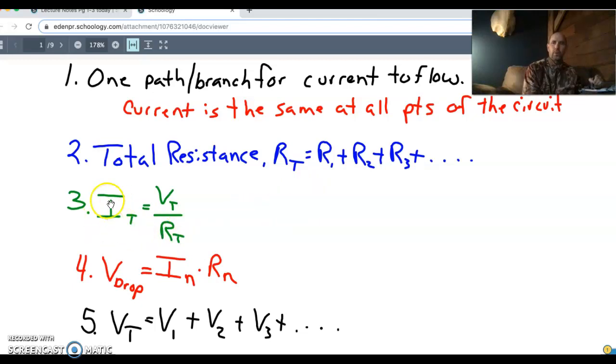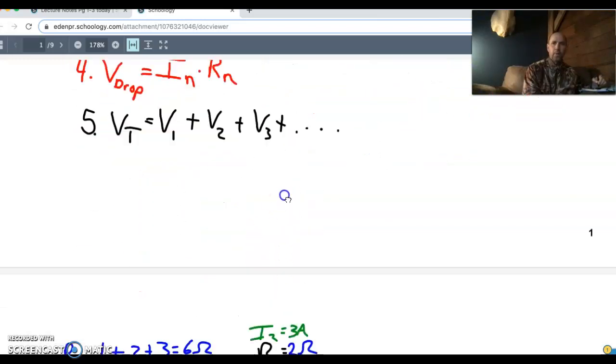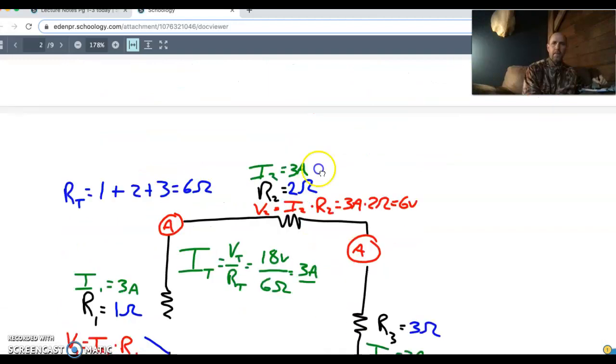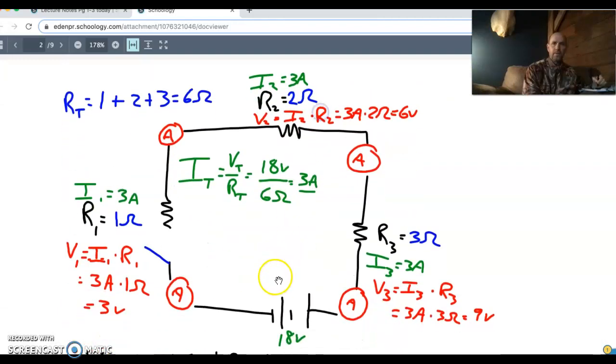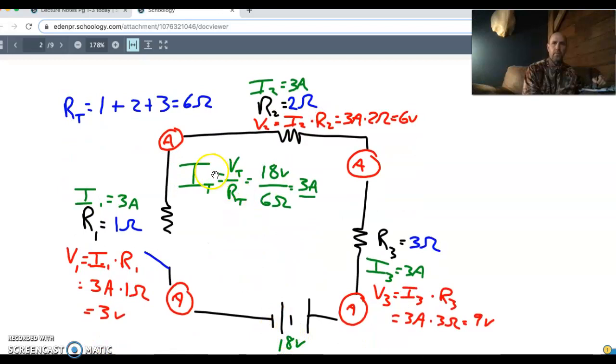The total current, characteristic number 3, is Ohm's law. You hopefully recognize that: VT over RT, where the T stands for total. So we just apply Ohm's law. We know everything now because we just found the resistance, and the voltage was given in the problem. In green here, we have 18 volts divided by our 6 ohms of resistance. 18 divided by 6 is 3.